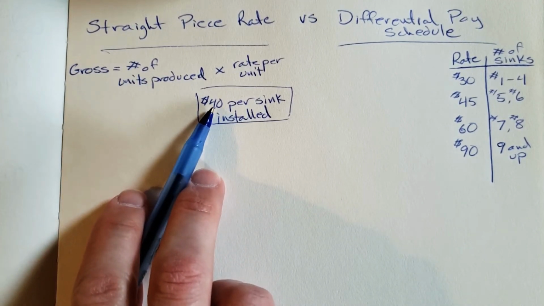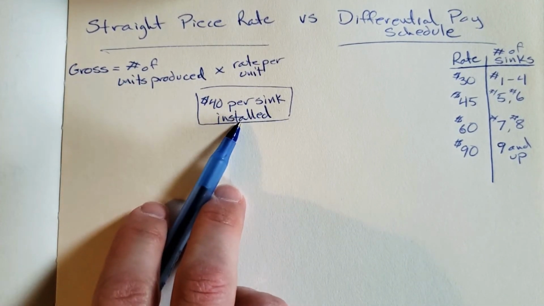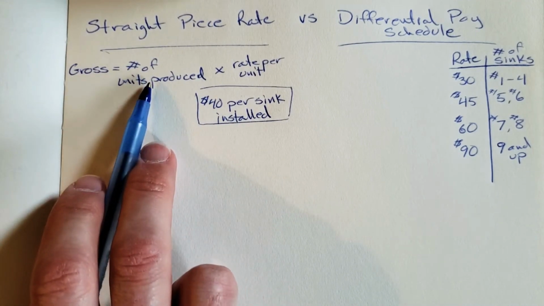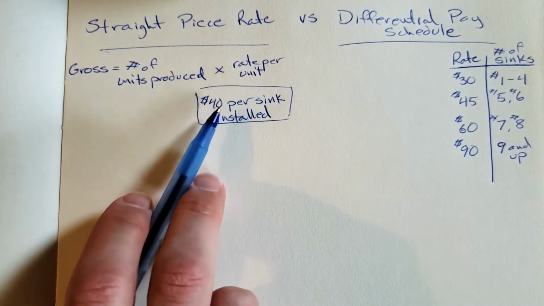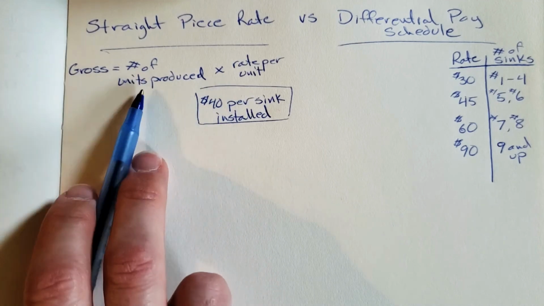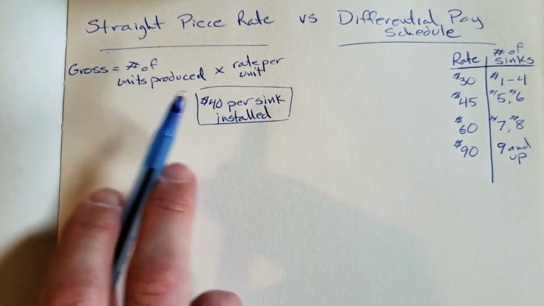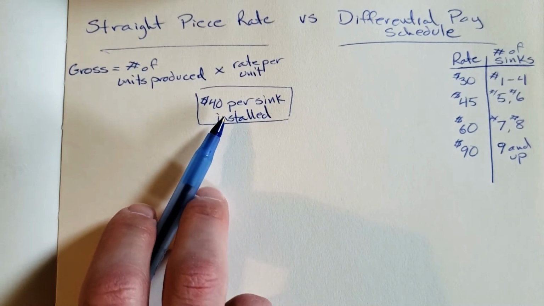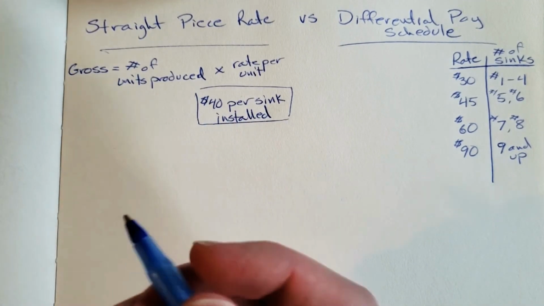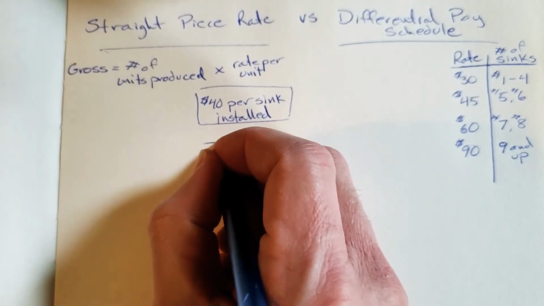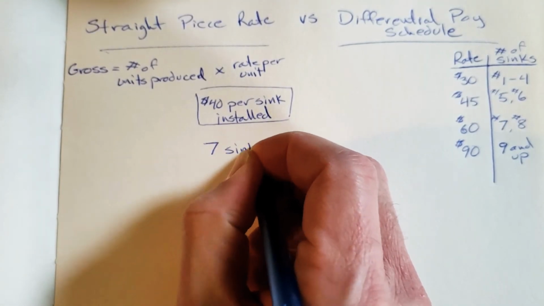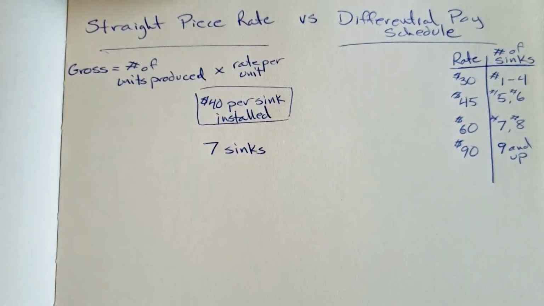if this plumbing company got paid $40 per sink installed, what you would do is just basically take the rate per unit, which is $40 per sink installed, times how many units they produced or installed that day. So if it's $40 per sink, and let's just use the example of 7 sinks. Let's say this one person installed 7 sinks within a day.